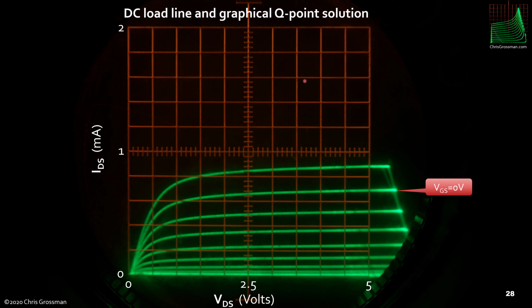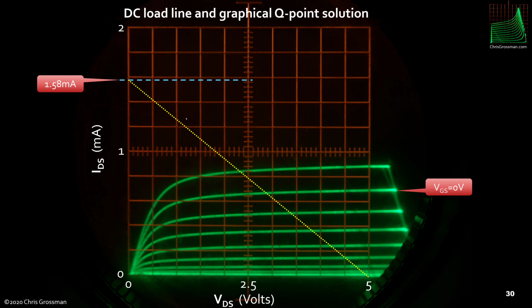Now we're going to do a DC solution for the bias point. So this is the same set of IV curves, but now instead of going from 0 to 1 milliamp, I'm going from 0 to 2 milliamps. So first we mark the short circuit current we got of 1.58 mA, which is right here. And then we draw a line from this short circuit current, which is at 0 volts, to the open circuit voltage, which was 5 volts.